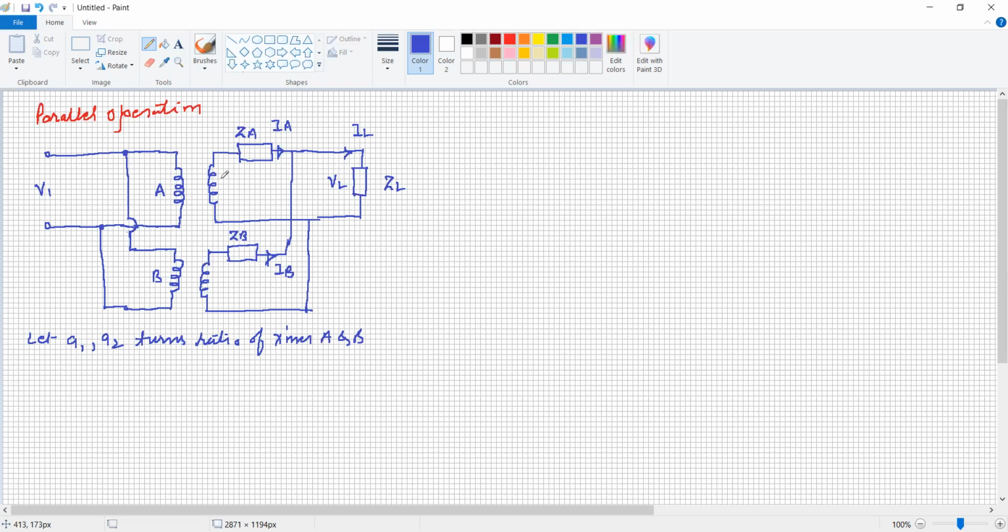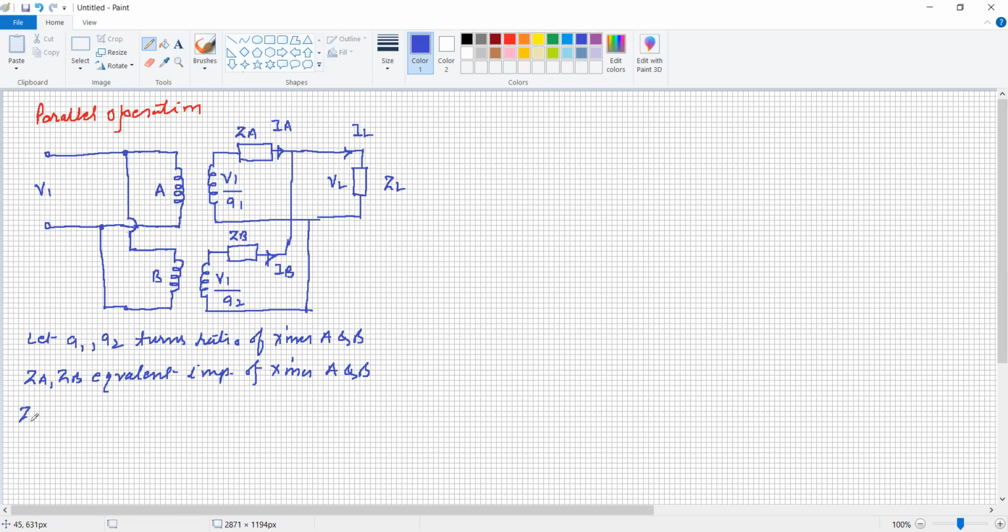So the voltage is V1 upon A1, and V1 upon A2, because the primary winding is connected to the common source. Similarly, ZA and ZB are the equivalent impedances of transformers A and B, referred to the secondary side.